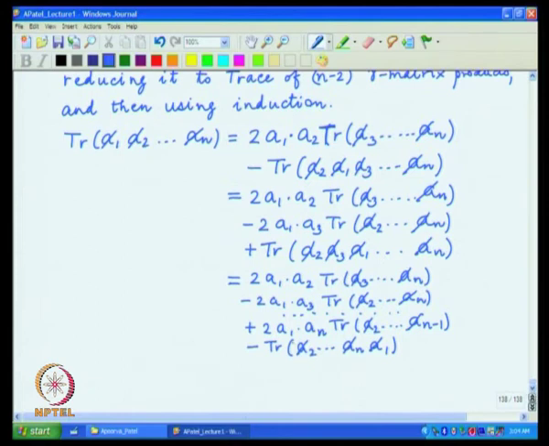So, we can shift it to the left hand side, it becomes just twice the contribution, and the 2 can be divided out from the whole calculation.